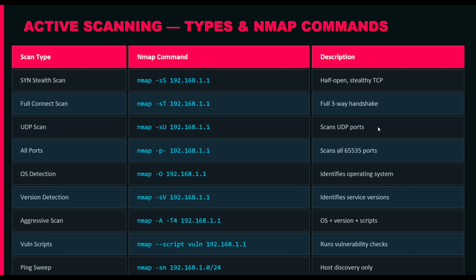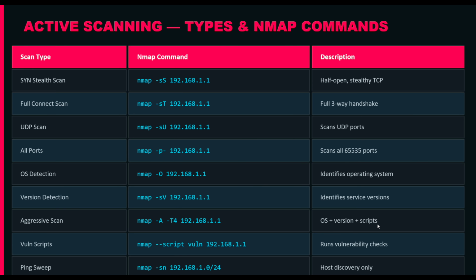It is a UDP scan with -sU as the parameter, which is a port scan that scans all 65,535 ports. You can see all these commands and you can practice some. One more is the aggressive scan, which does an aggressive scan of the whole OS, version, and scripts.